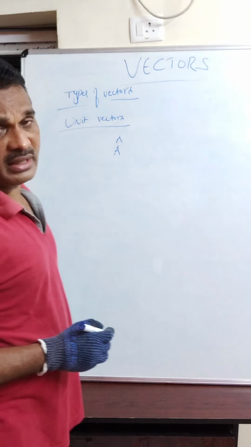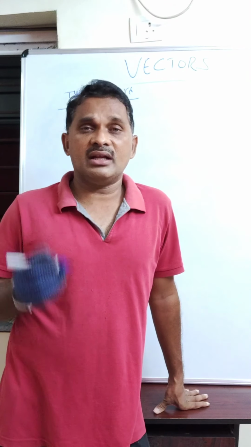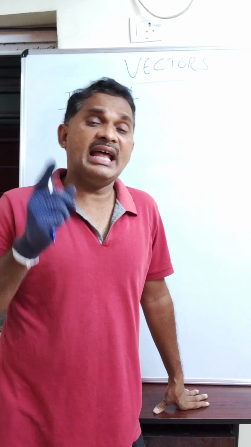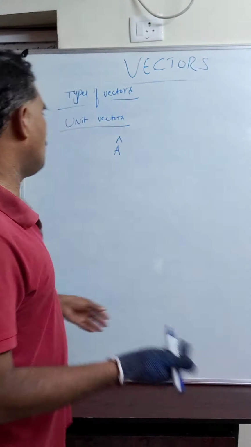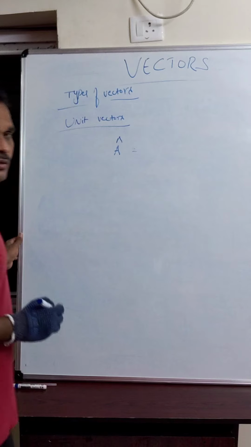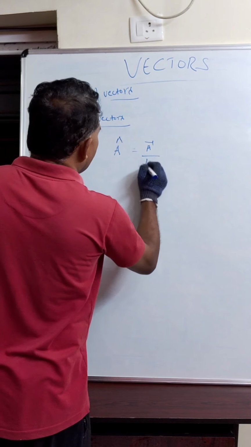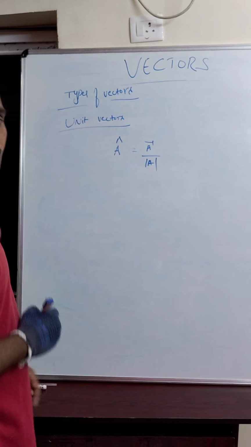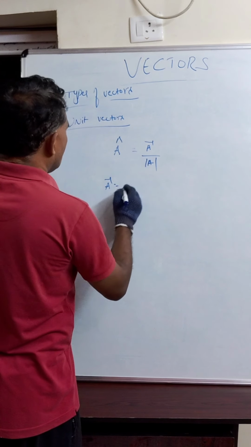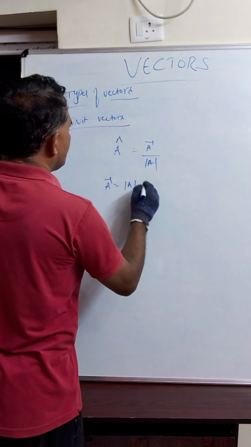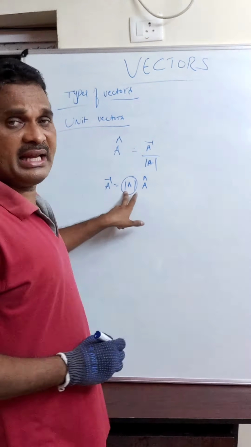Okay, what are unit vectors? I already defined that a unit vector is any vector whose magnitude is 1 and direction is specified. The unit vector A cap is equal to A bar by modulus of A. Otherwise, vector A bar is equal to magnitude of A into A cap. Here magnitude of A is nothing but a scalar.